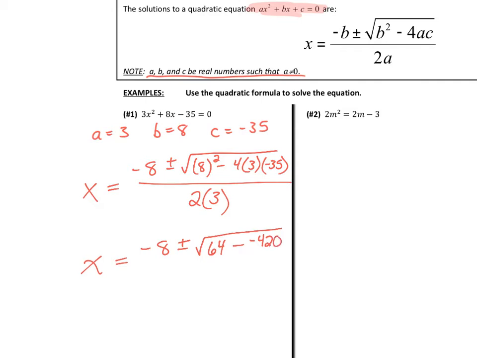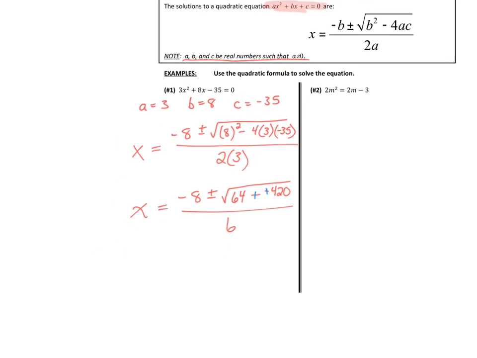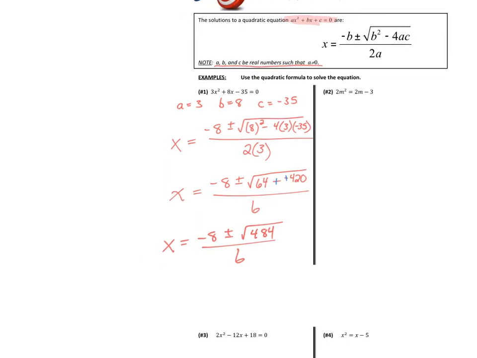So when you have a negative and a negative, so minus negative, it's plus positive. All divided by 2 times 3 is 6. So now we get x equals negative 8 plus or minus the square root of 484, all divided by 6.